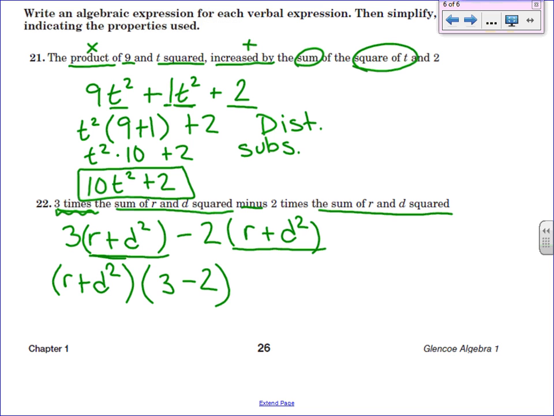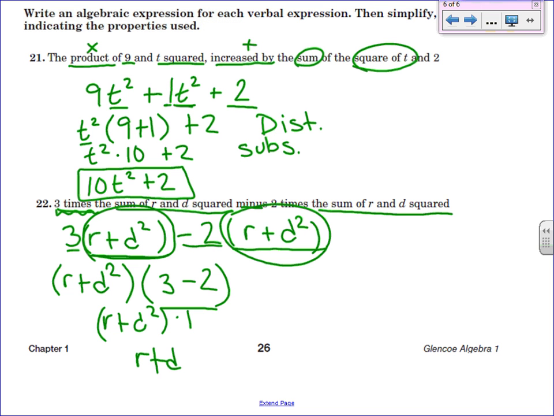So we took this whole thing in each of these and treated it almost like the t squared up here. We just put it out front, and then what was left was the 3 and the minus 2, and we put that over here. Well, 3 minus 2 is 1. And 1 times anything is itself. So we're just left with r plus d squared.